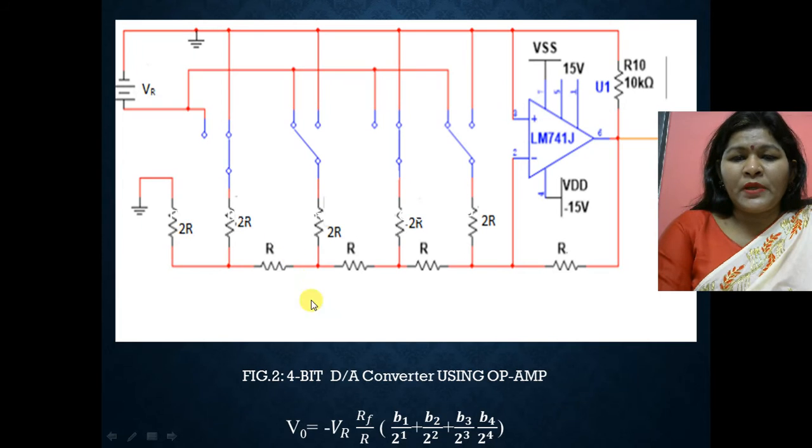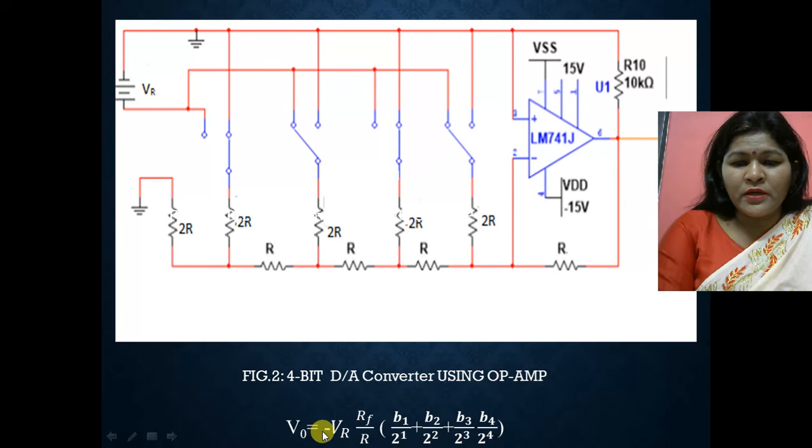Finally, if you find the output voltage of this circuitry, in the case of an operational amplifier the output equals gain into input voltage.